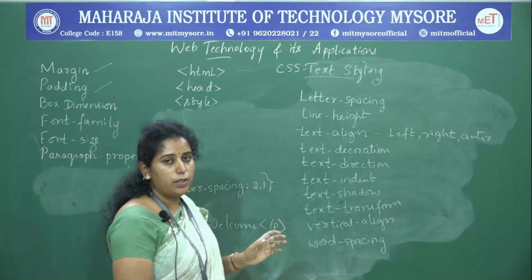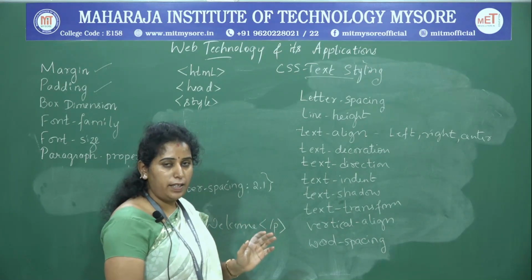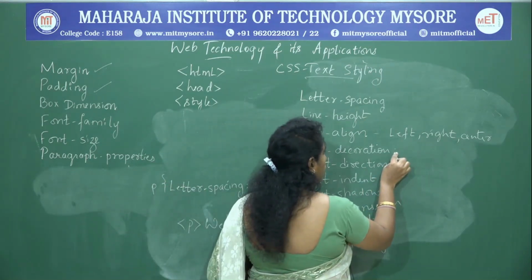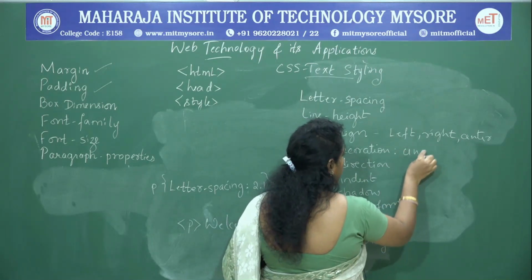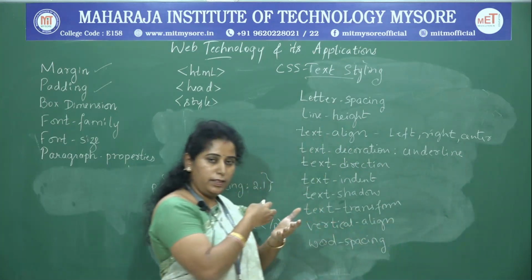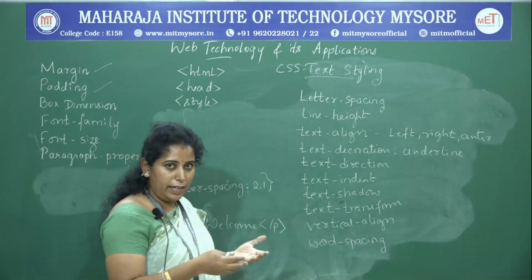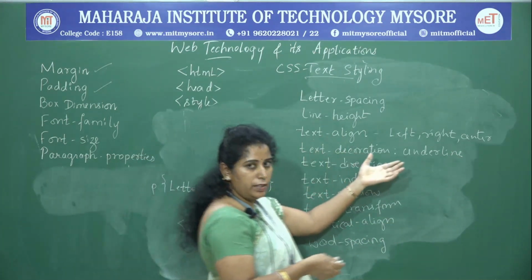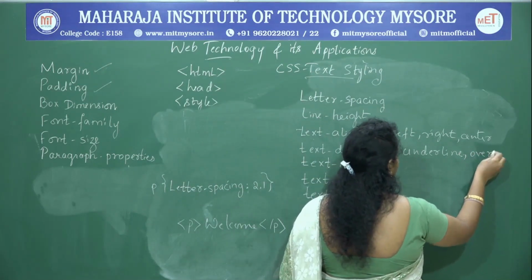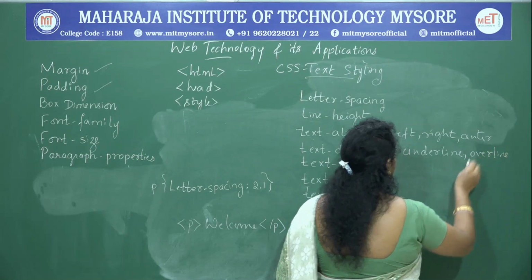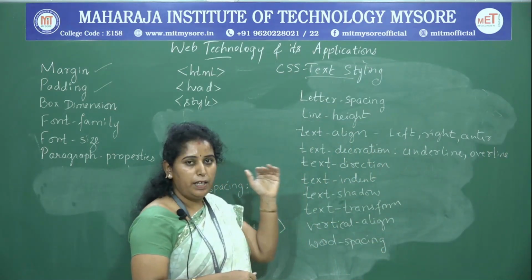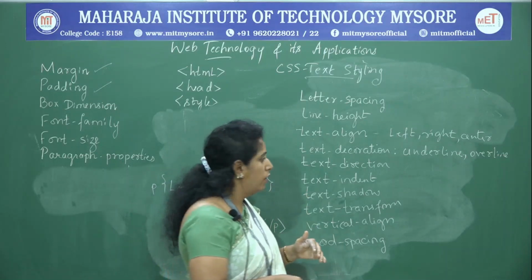Next is text decoration. Text decoration is used for decorating the text, and the value can be underline. With this value, the particular text will be underlined. Another value is overline, so there will be a line over the text.